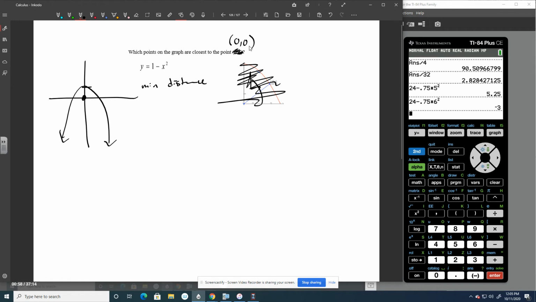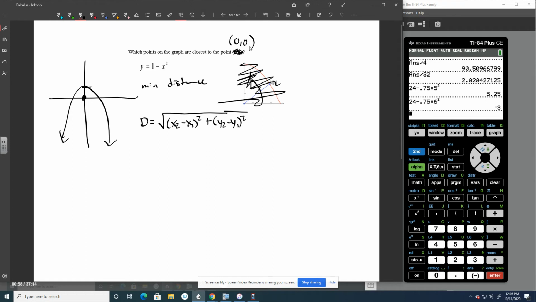So, distance formula. Do you remember what that is? Square root of x2 minus x1 squared plus y2 minus y1 squared. We're just doing the Pythagorean theorem, but we're solving for the hypotenuse, remember? This is my distance formula that I want to minimize.